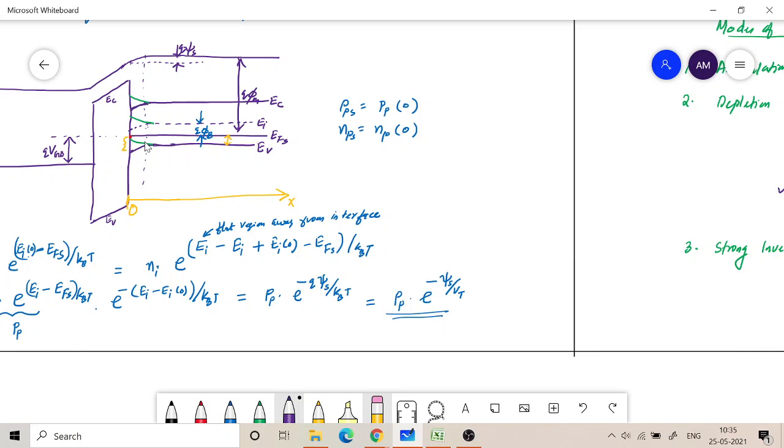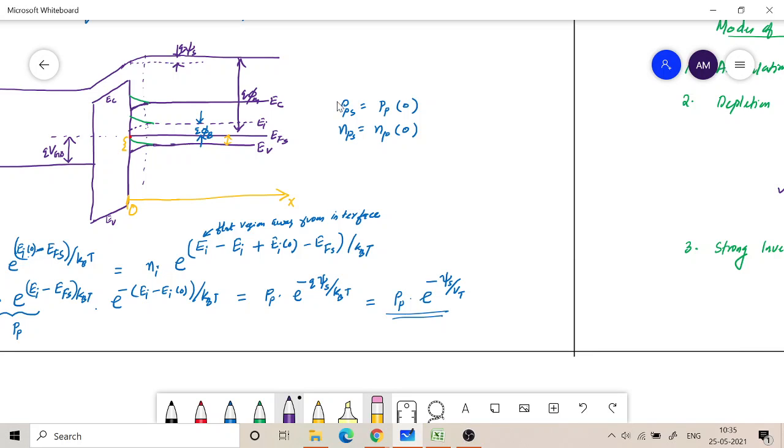So when the bending here becomes equal to that difference, we have made the material intrinsic at the interface. Any bending which is lesser than that is a case of phi S between 0 and phi B. If it is greater than phi B, we have made it in principle into n-type material.